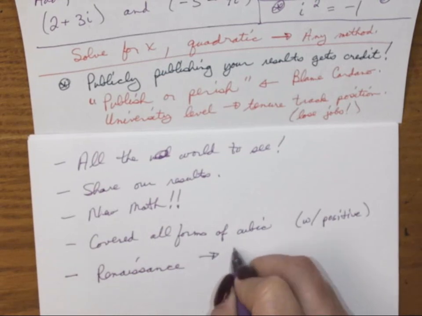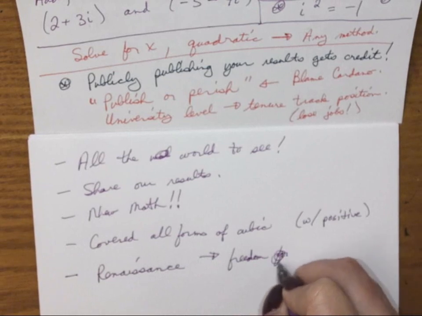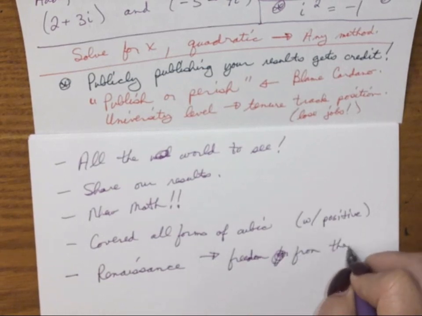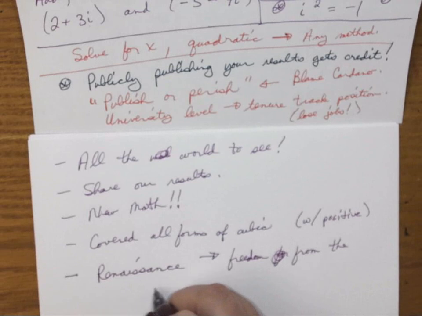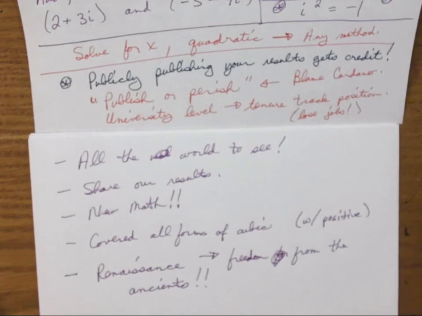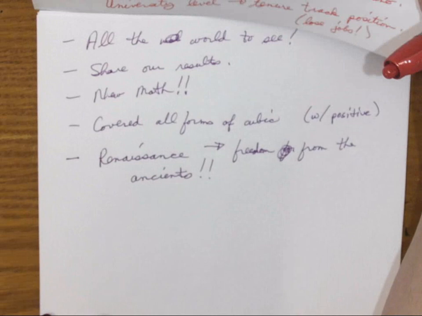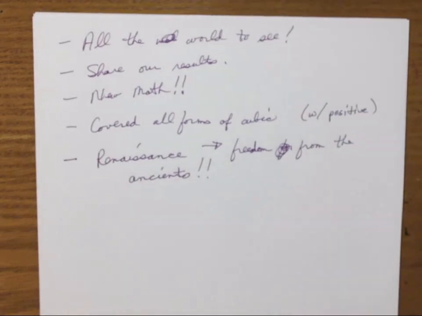And it's kind of a freedom from the ancients. So all of a sudden, we're doing stuff that those ancient Greeks couldn't do, that the Egyptians didn't see. The Babylonians might have had some kind of an idea. Back, we had the Plimpton 322, right? We had for sure in the Plimpton 322, a squared plus b squared equals c squared.